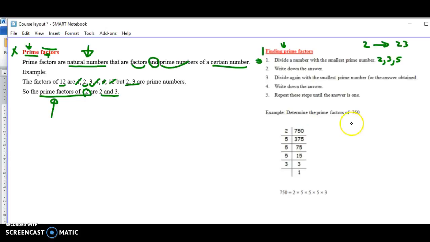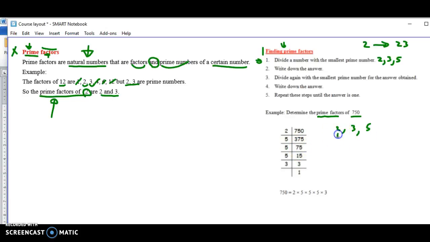So let's take, for argument's sake, we need to find the prime factors of 750. 750 divided by 2 is 375. And 2 can't go into 375. 3 can't, but 5 can go, 75.